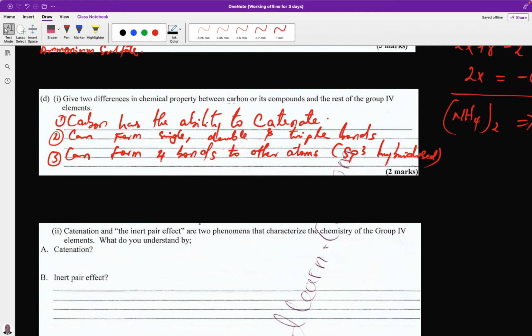Yes, we have used catenation in the first place. So what do you understand by catenation?